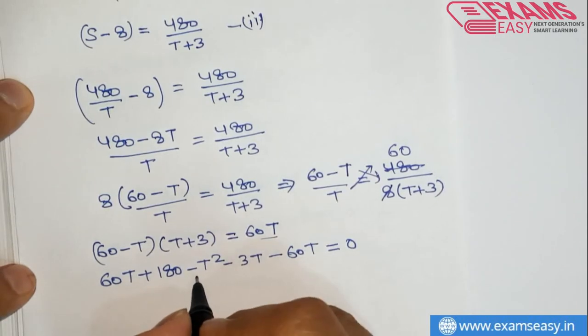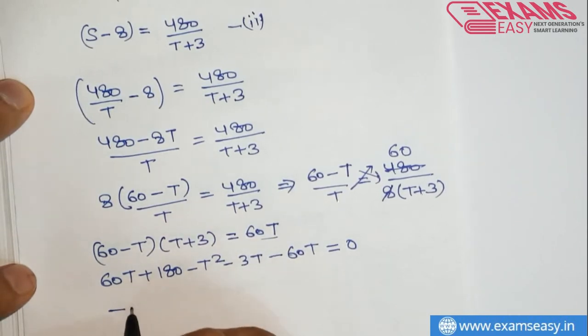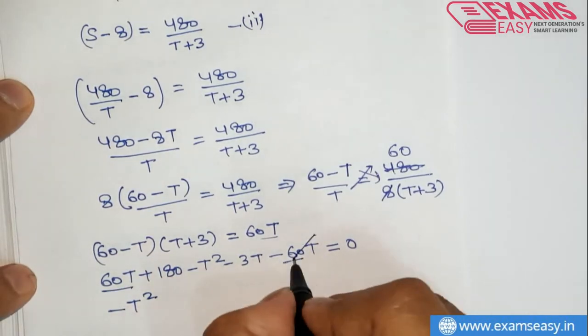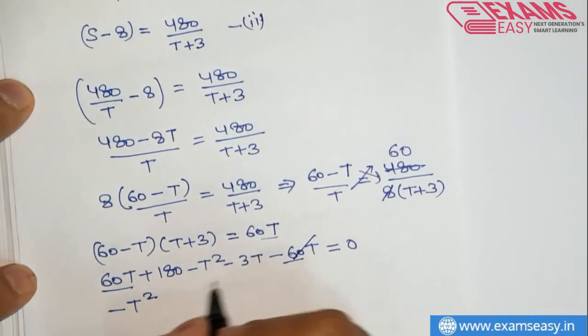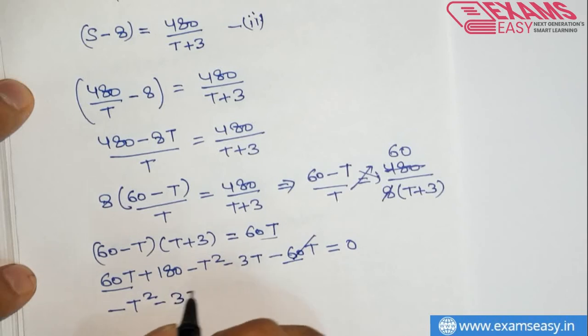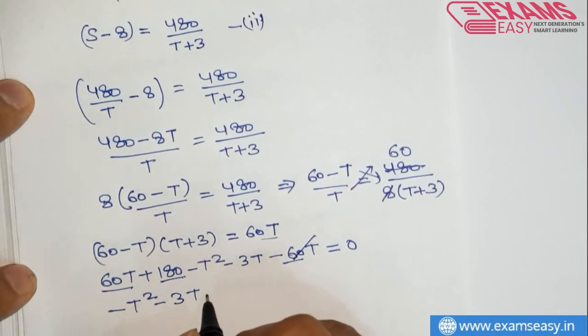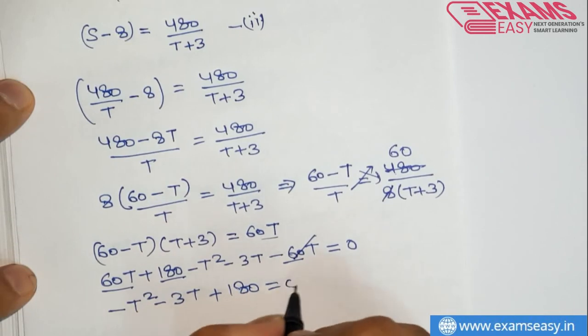So let us first write the maximum power of t, that is minus t square, and this 60t gets cancelled and we are left with only minus 3t, and this one plus 180 is equal to 0.